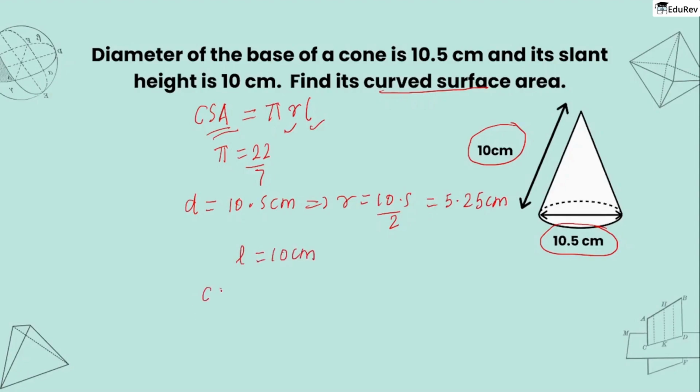Therefore, the curved surface area of a given cone is 22 by 7 times 5.25 times 10, which is equal to 165 centimeters squared. Hence, the curved surface area of given cone is 165 centimeters squared. Let us solve another question on the same concept from the NCERT textbook.